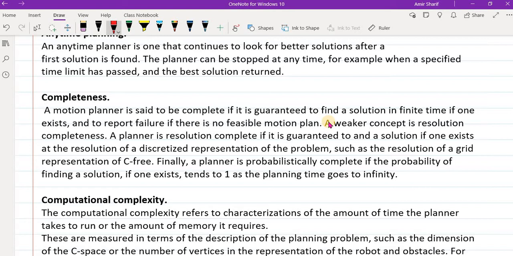In this case, if you use a complete motion planner, it will say that no feasible solution exists, no feasible path exists. But if your motion planner is not complete, it will fail to actually find a path, or it will not recognize that the path doesn't exist.